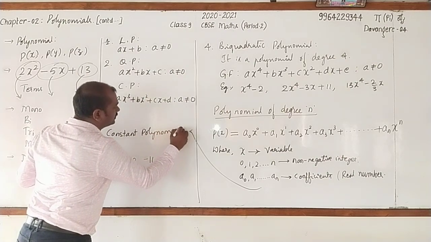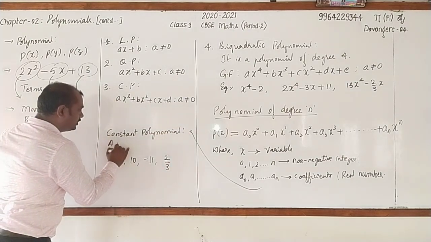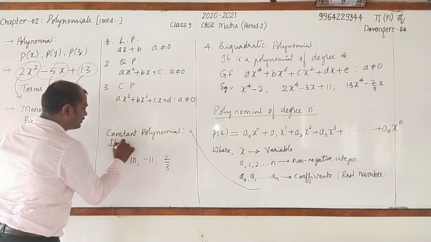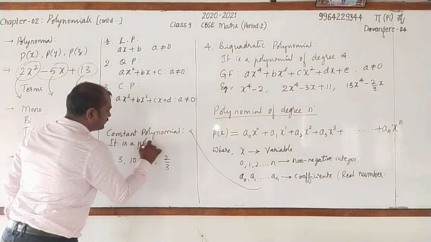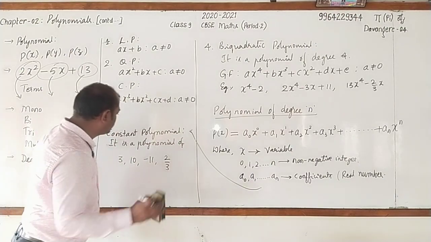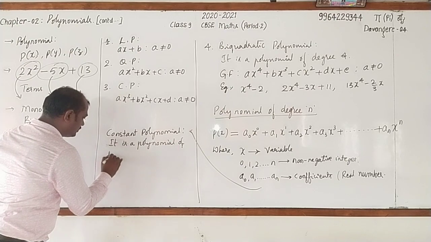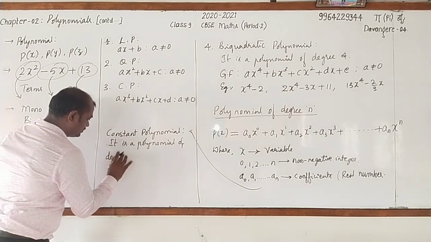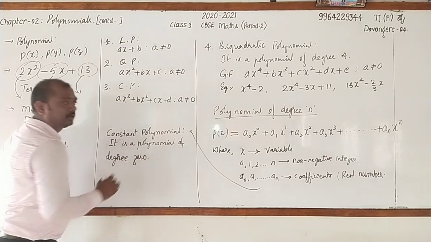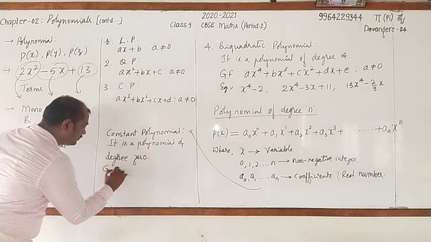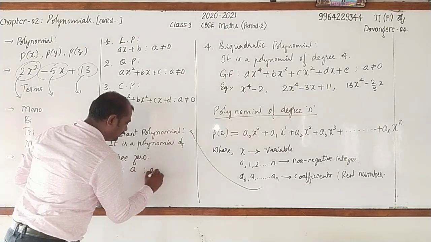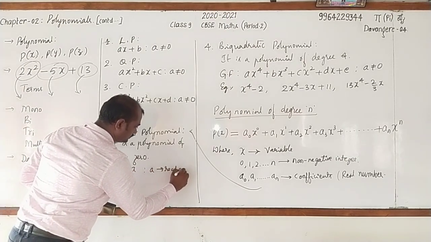And the definition for this: it is a polynomial of degree 0. Then what about its general form? We just write a, where a is a real number.